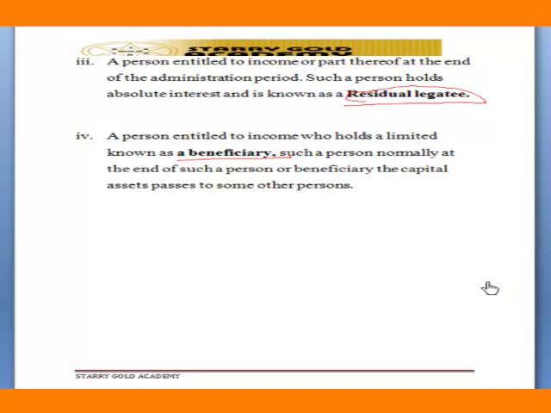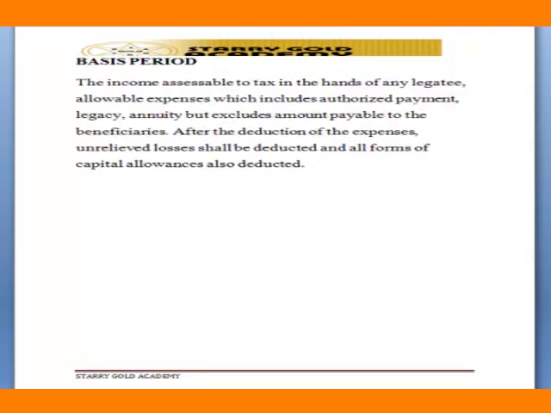And what it means is that at the end of a specified period, on the death of such a person or beneficiary, the capital asset passes to some other persons. Okay? So that is it about those that benefit in one way or the other from the estate of a deceased.